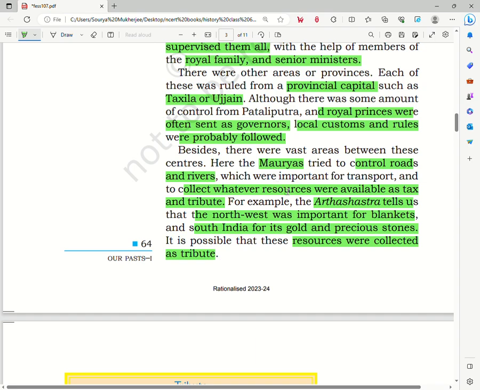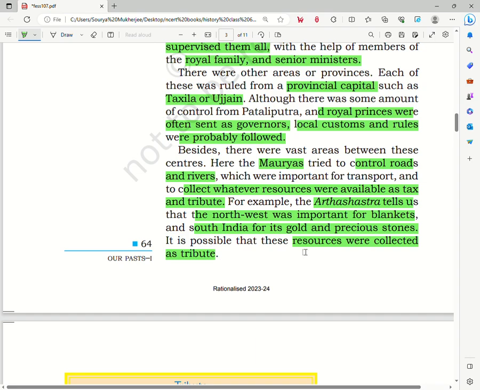That is, as given in the Arthashastra, we get to know that the northwest was quite important for its blankets. We know that the northwestern region is quite cold, and from different types of animal fur and fibers, different types of blankets are also made there. So it was quite precious for blankets, and South India was known for its gold and precious stones.